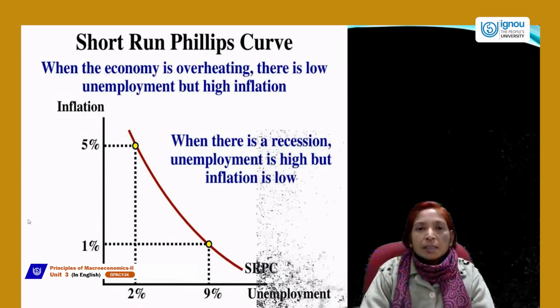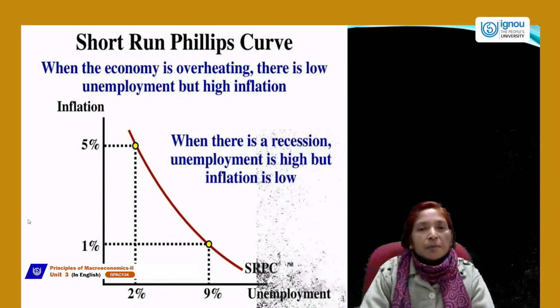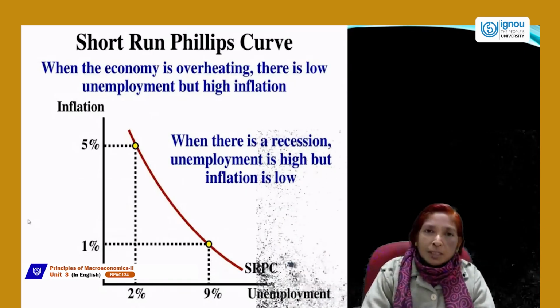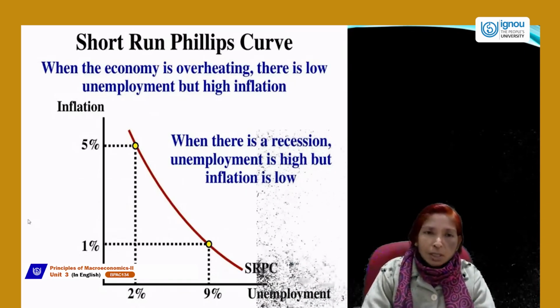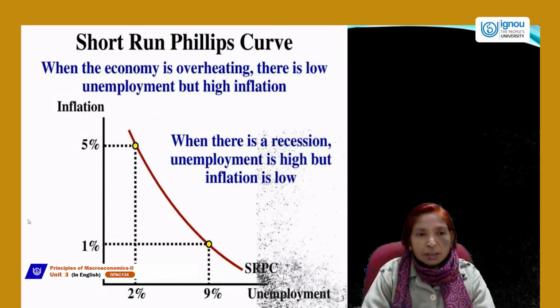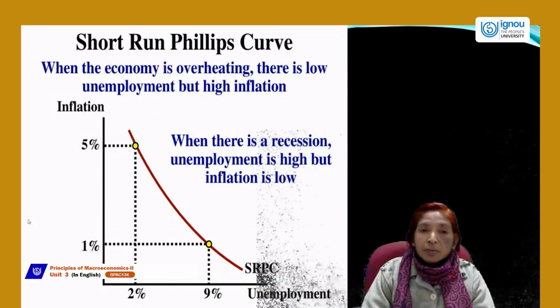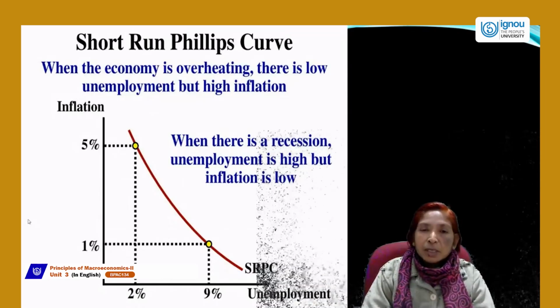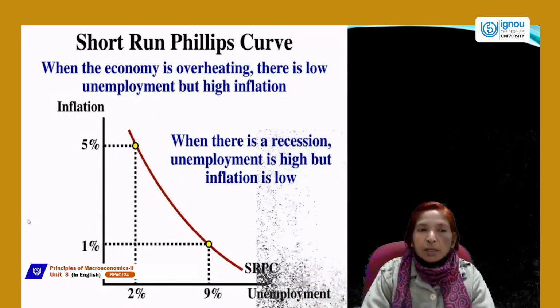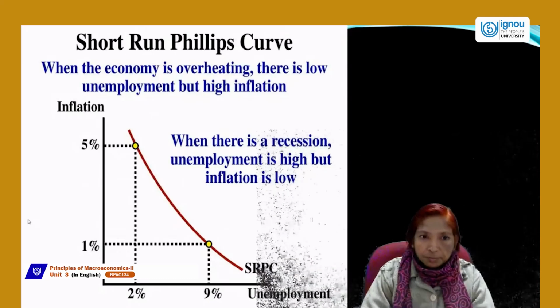So we can say that the Phillips curve explains the inverse or negative relationship between inflation and unemployment. But this inverse relationship mainly exists in the short run, not in the long run.